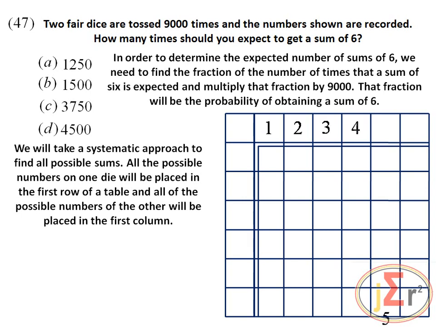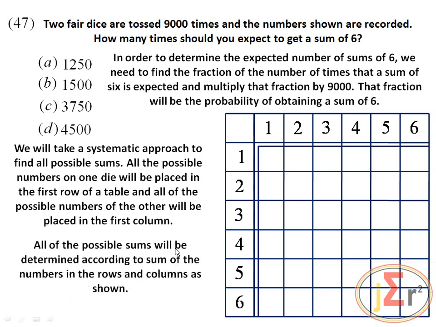Those will be for one die, and those that we have in the vertical will be for the other die. Then we will find all possibilities by adding, taking a systematic approach as we have discussed before. So all of the possible sums will be determined according to the sum of numbers in the rows and columns as shown.